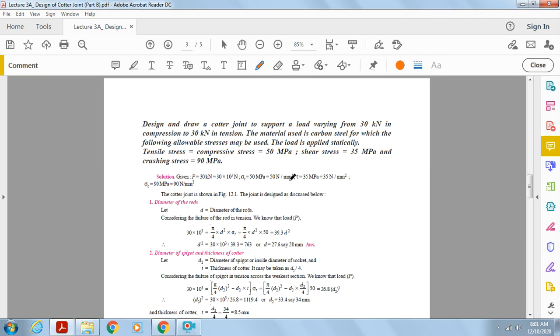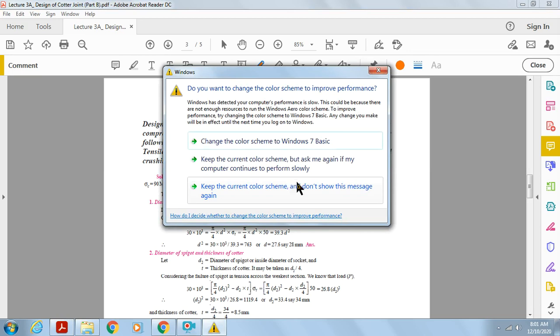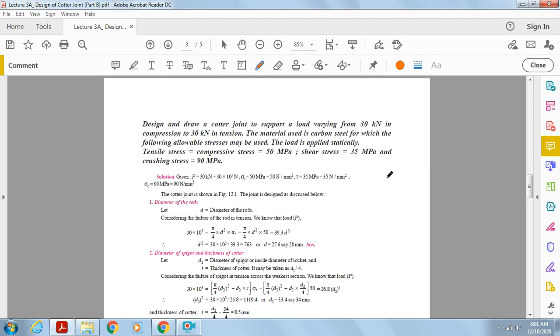We have to obtain the different dimensions considering the failure modes of different components, like failure of the cotter, the rod, the socket, and the spigot. We have already figured out the mathematical expressions in the previous lecture, so we'll use those formulas to get the values and design, and then finally we'll draw it.